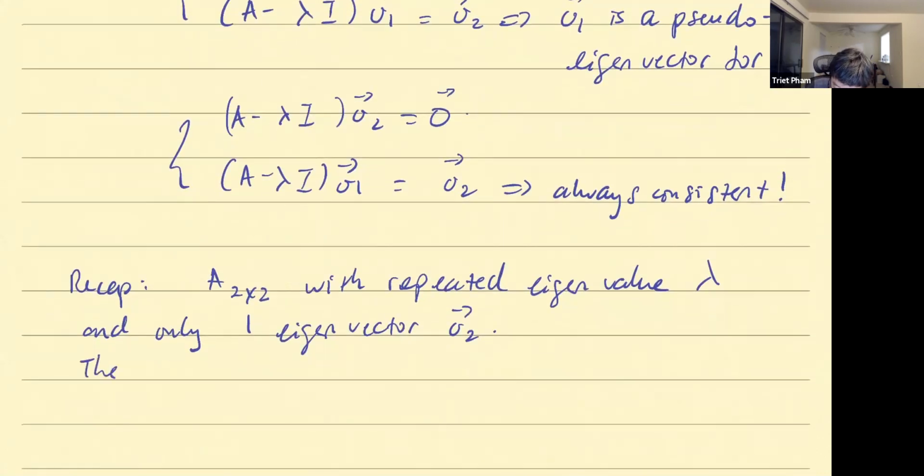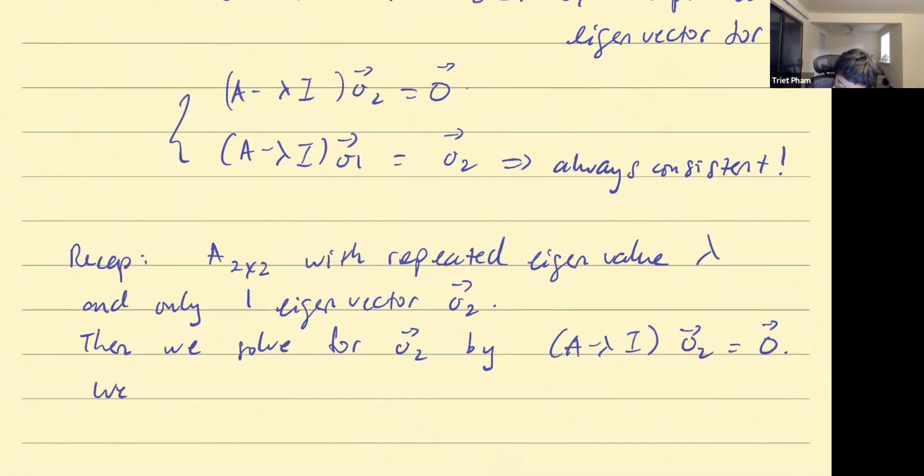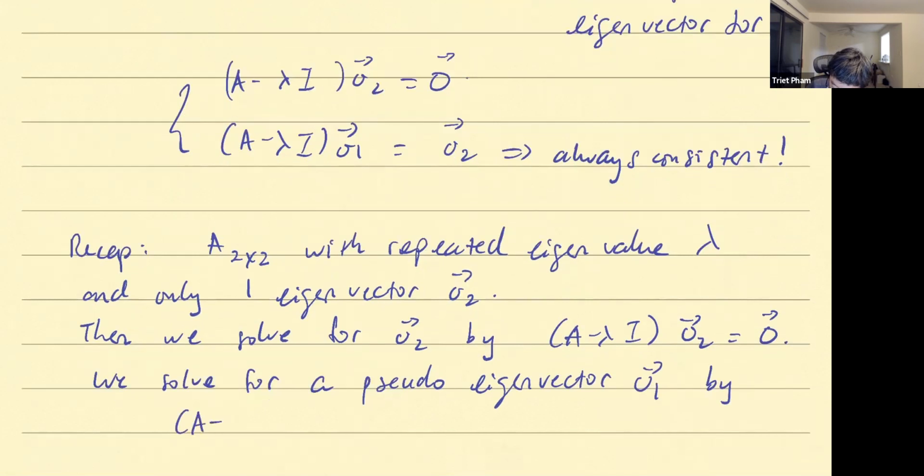Then we solve for V2 by A minus lambda I, V2 equals 0. And then we solve for the pseudo eigenvector V1 by A minus lambda I, V1 equals V2. So this is step 1. Step 2.